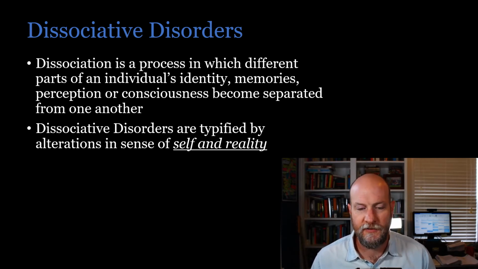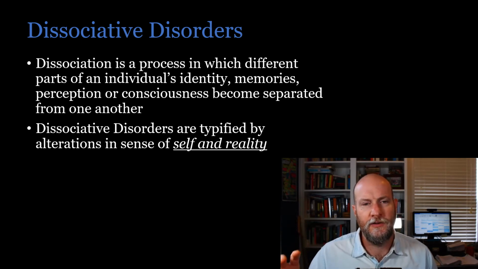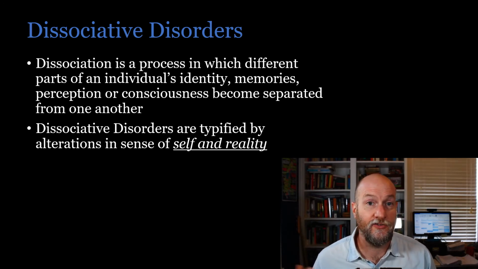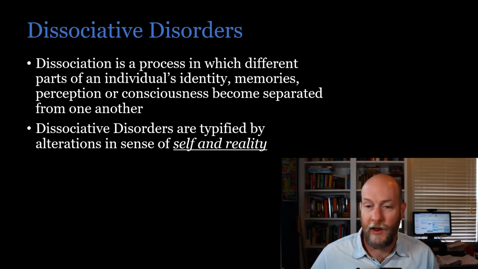For some of these examples, the person is undergoing something so horrific, so painful, so stressful, so difficult, that in some ways it kind of breaks that connection between reality and the sense of self, and so it is often seen in that context as an extreme reaction to extreme stress.